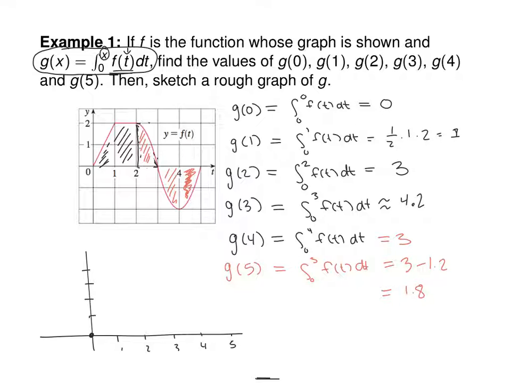What do you get when you plug in 1? 1. How about 2? 3. How about 3? 4.2. 4, you get 3. 5, you get 1.8.